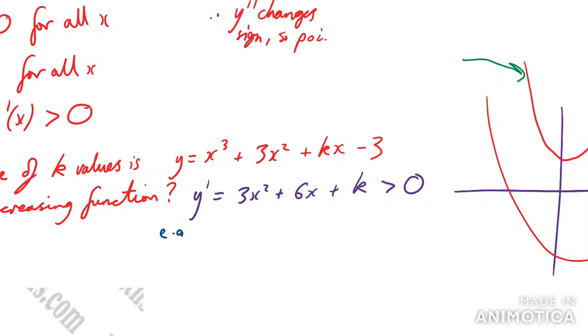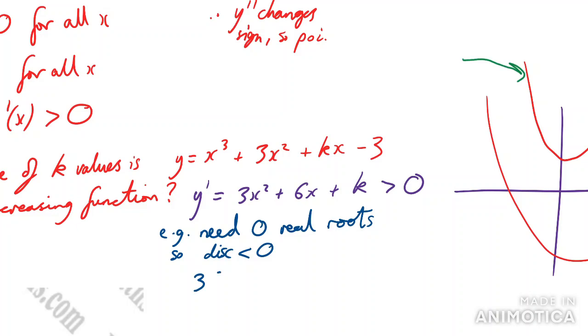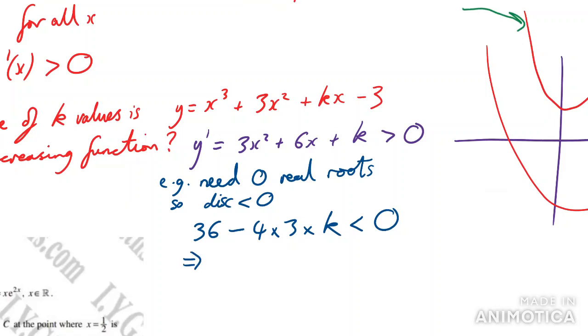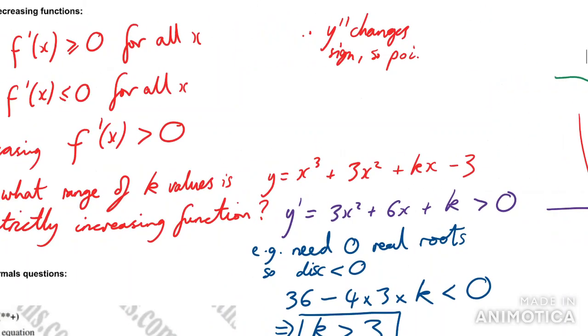So, e.g., we need 0 real roots, so the discriminant must be less than 0. And the discriminant is going to be b squared, so 36, minus 4 times 3 times k. We need that to be less than 0. Just rearranging this, we get that as long as k is greater than 3, the gradient is always greater than 0, and it's a strictly increasing function.